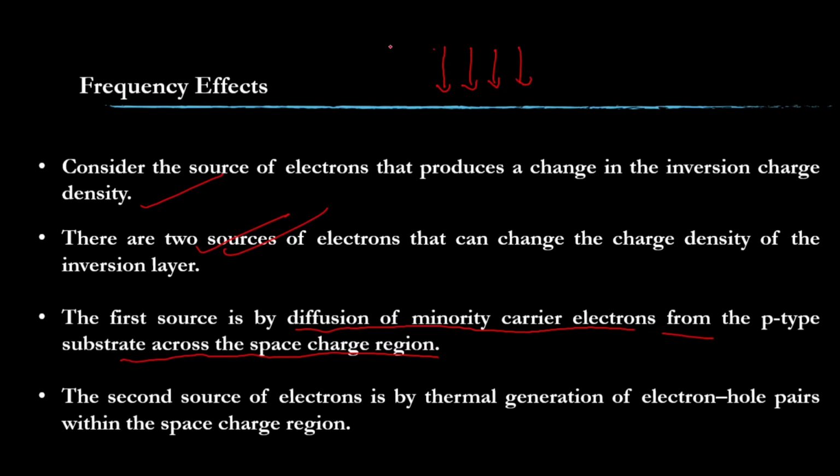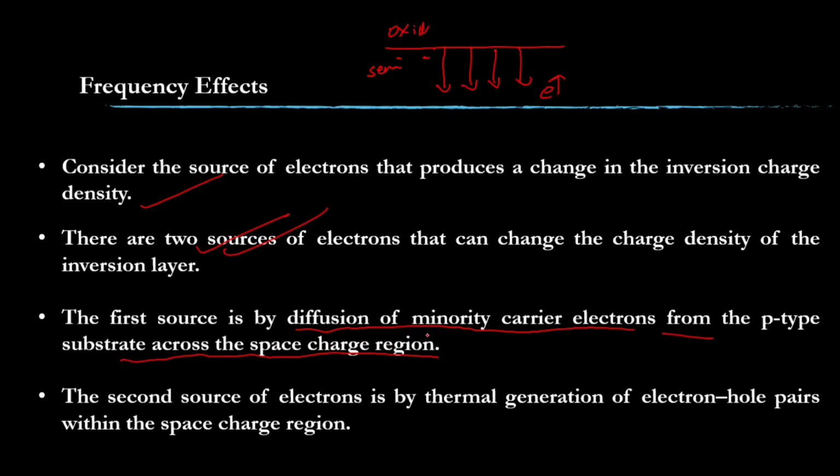Just assume this is my junction between oxide and semiconductor, right? So definitely the electrons will move opposite to the direction of the electric field. So the chances of getting electrons is because of this reason, okay. Diffusion of minority charge carriers from the p-type substrate across the space charge region.